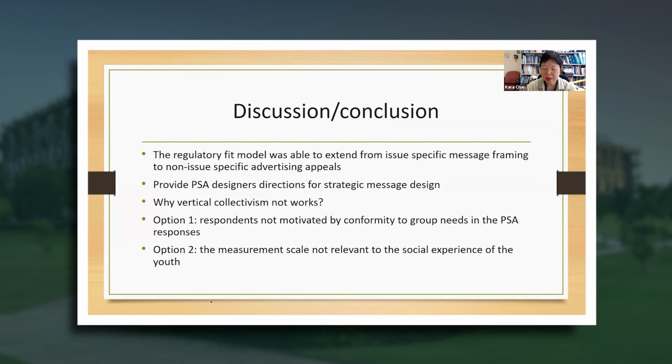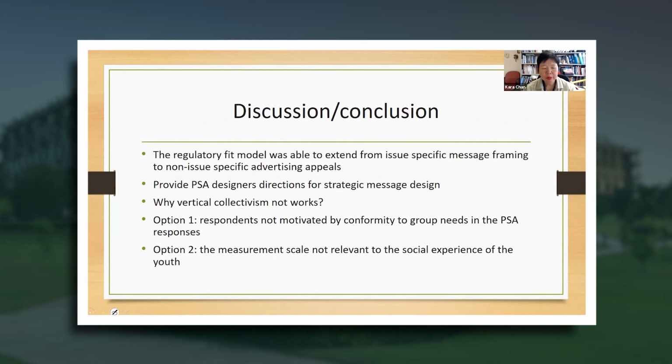Once they make the decision on this, they will go on to think about the message framing. So this will help PSA designers to have a specific direction for message design.